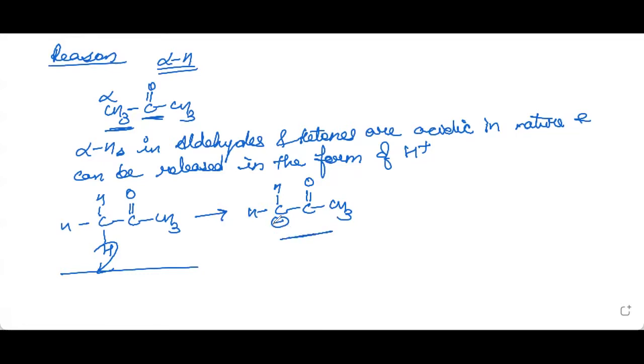This negative charge on carbon and the carbon-oxygen double bond are in conjugation with each other, at one bond distance, so they can show resonance. So it is CH2 double bond C O negative CH3. Now the H positive which was released can be gained by this negative oxygen, leading to the formation of the enol form.